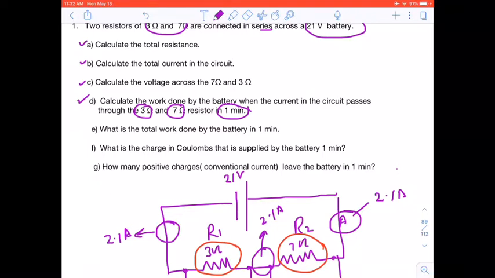It is the work done by the battery in these respective resistors. Now let's look here. What is the work done by the battery? We know what work it has done in the respective resistors.